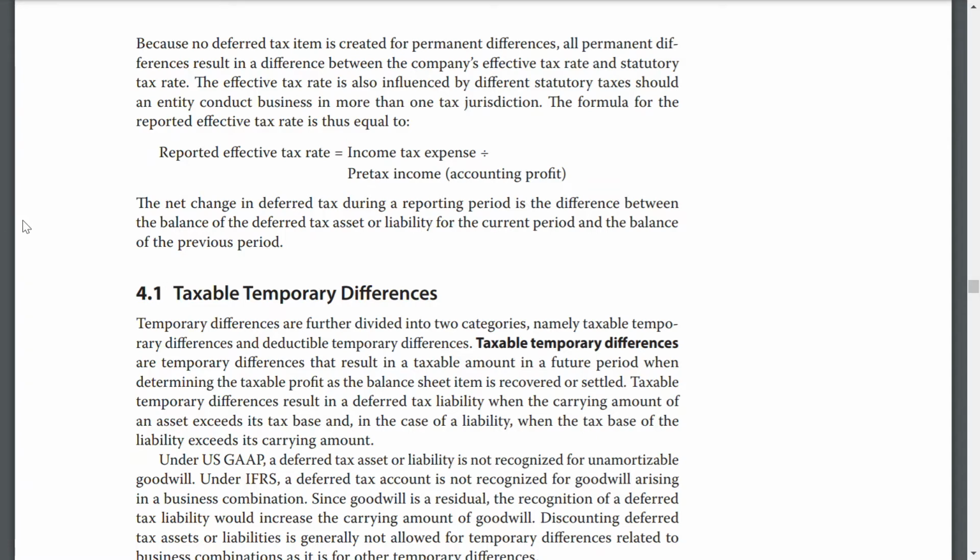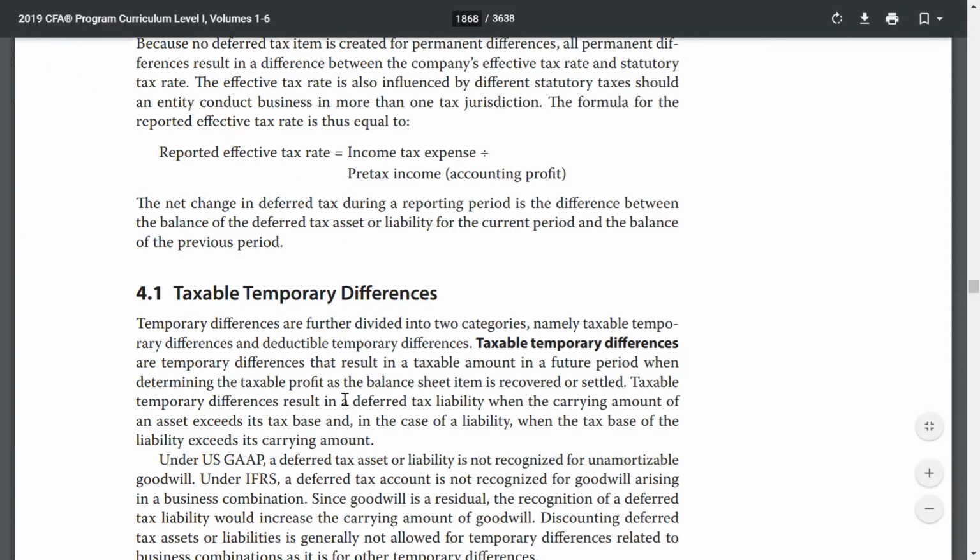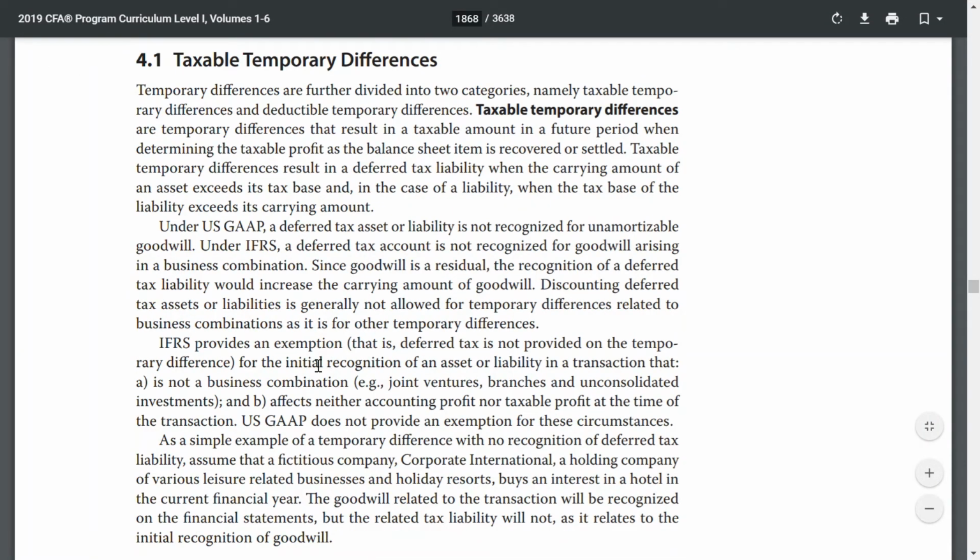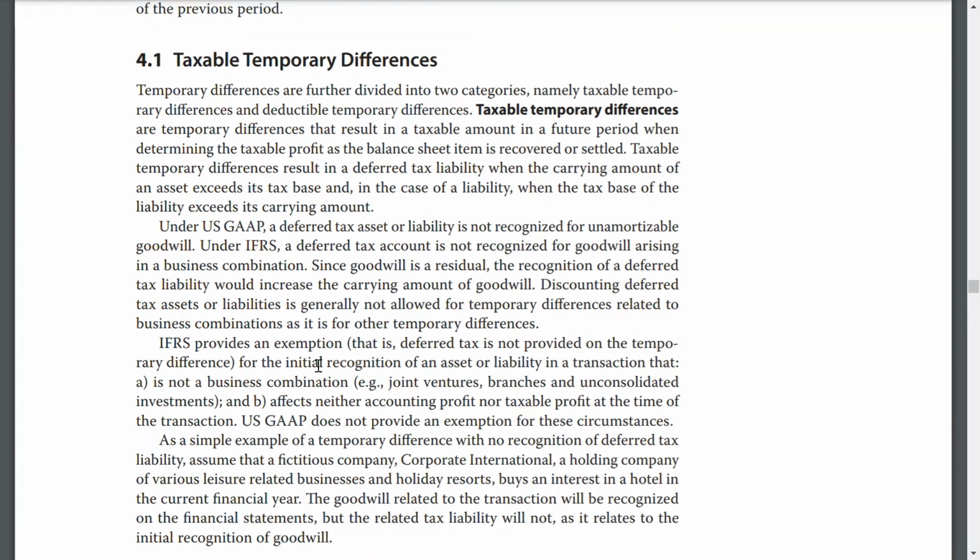Taxable temporary differences. Temporary differences are further divided into two categories, namely taxable temporary differences and deductible temporary differences. Taxable temporary differences are temporary differences that result in a taxable amount in a future period when determining the taxable profit as the balance sheet item is recovered or settled.